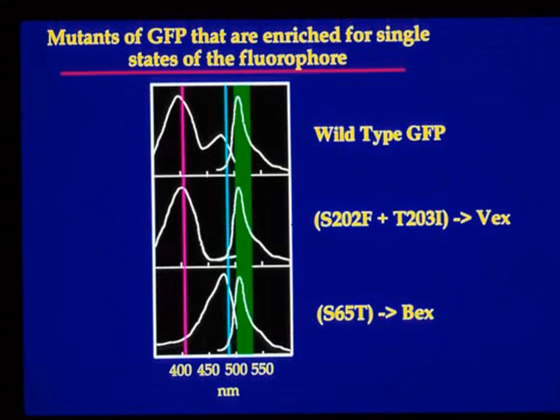Another very important innovation, which we use a lot now, is green fluorescent protein, which is isolated from a polyp, not a polyp, so the GFP is actually isolated from a jellyfish, and I have a picture of it.